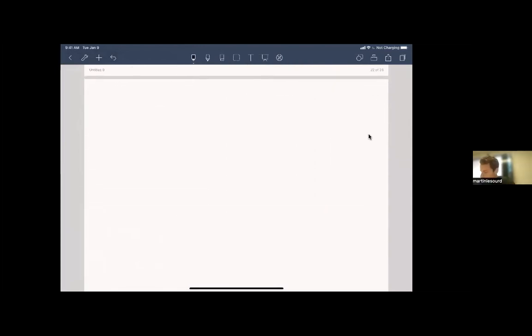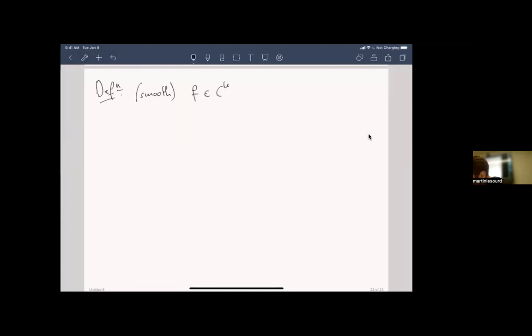Okay, good. So now let's just go straight into it. Smooth is f is in C^k for all k in the naturals. So basically you're infinitely differentiable. Okay, this is analytic.